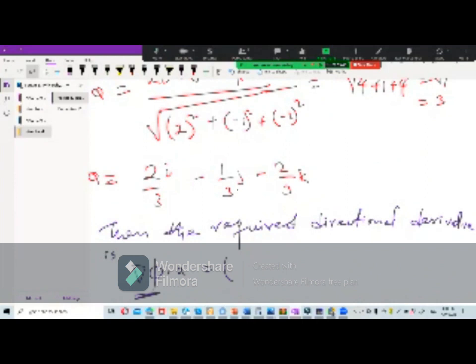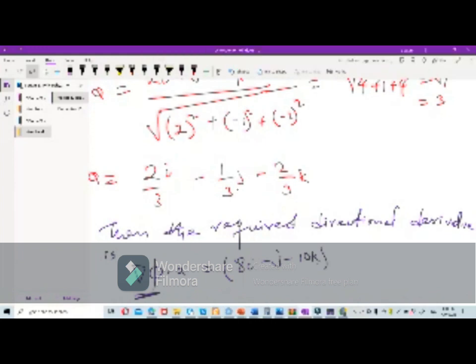Now let's look at it. It's going to be 8i minus j minus 10k dot 2 over 3 i minus 1 over 3 j minus 2 over 3 k.